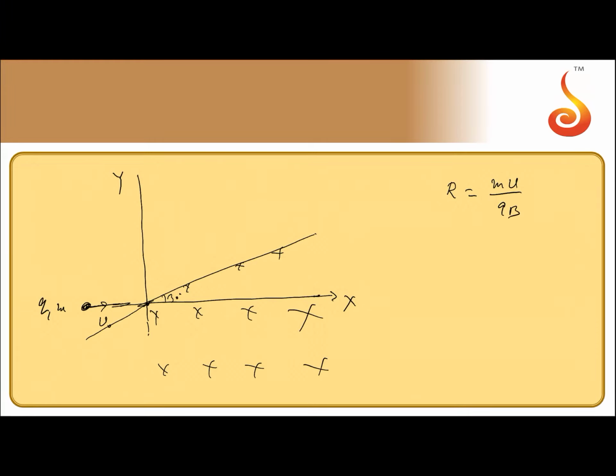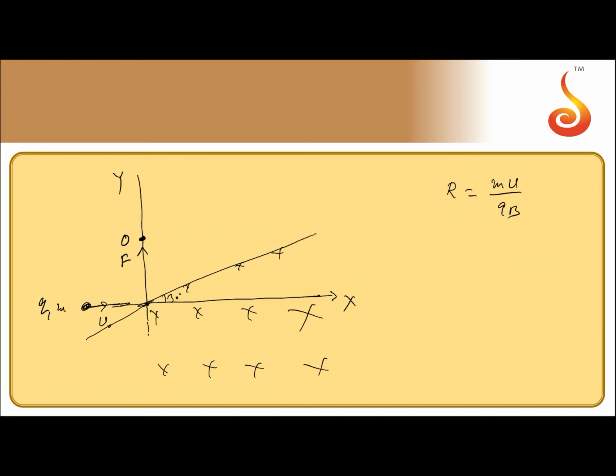The force will be in this direction, in the direction v cross B, so the center will be somewhere on this line. This force is giving it centripetal force, that is, the center is on the line of the force.